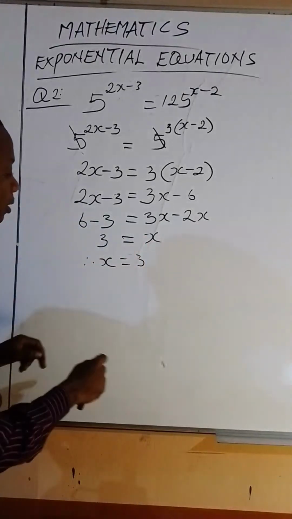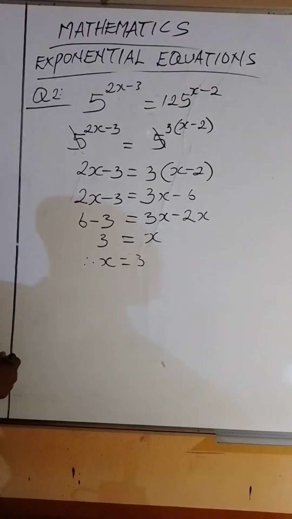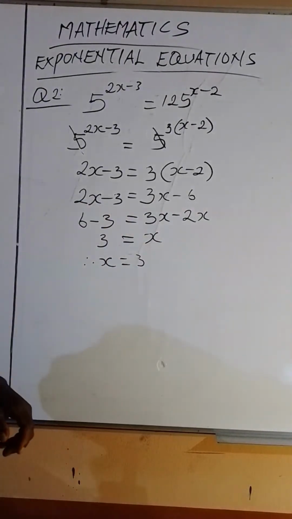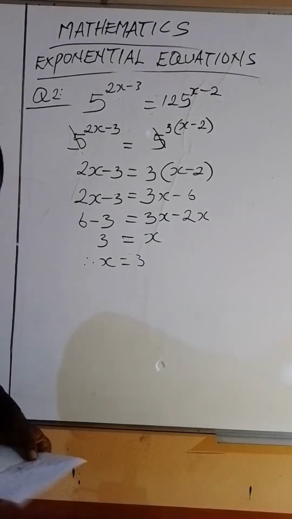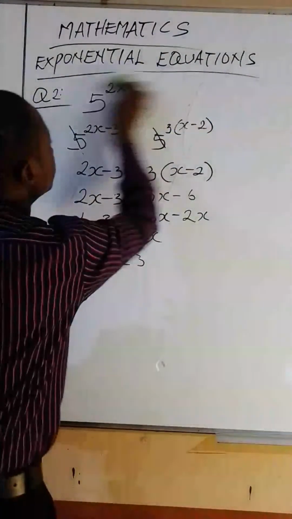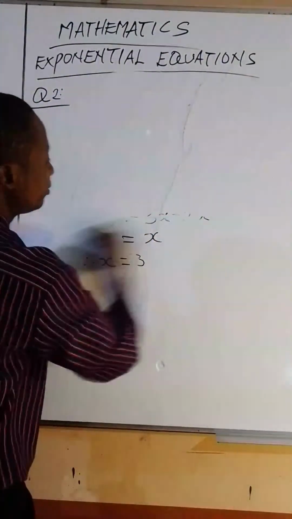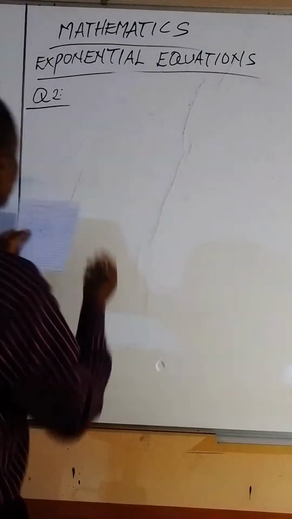So the implication is that x equals 3. This is the solution to the second question for this morning. Now let's go over to the next question. The next question, which is question number 3 for today, early morning breakfast mathematics show.